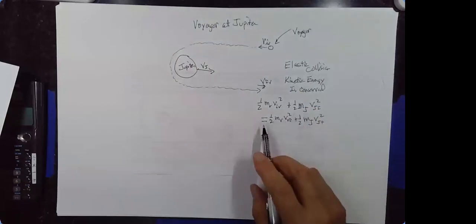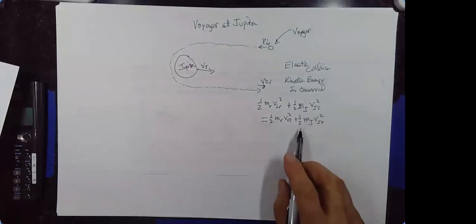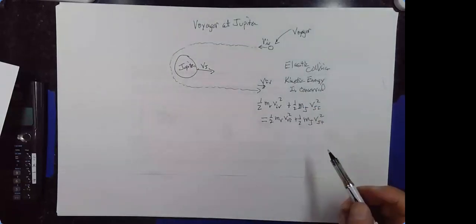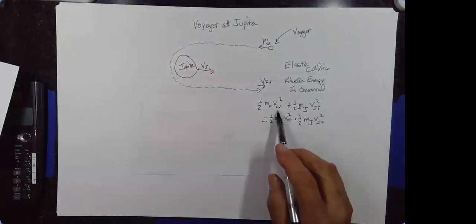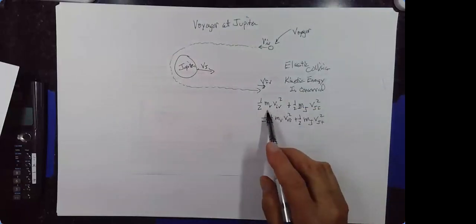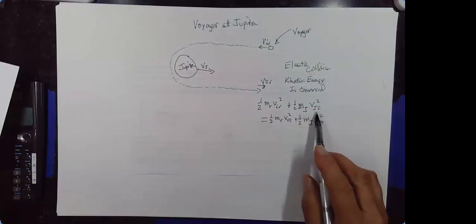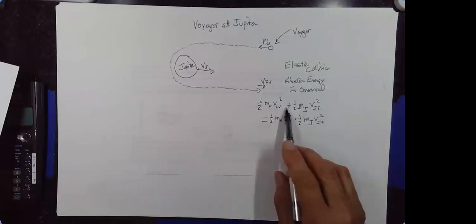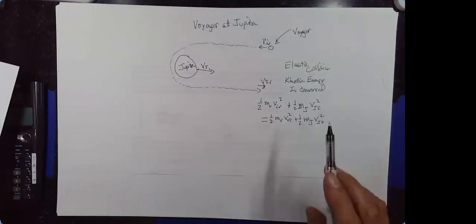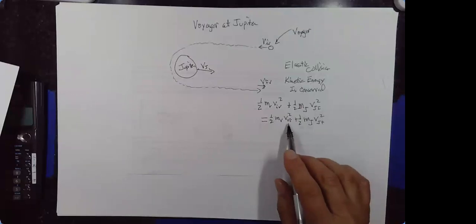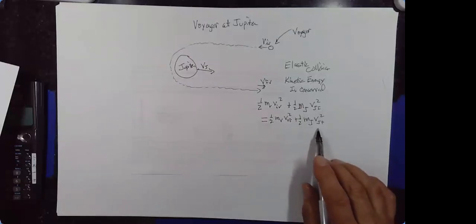So there's a conservation of energy condition there. Now, we know the initial velocity of Voyager, we know the mass of Voyager, we know the mass of Jupiter, and we know the initial speed of Jupiter. So we know everything here. What we don't know are the final velocity of Voyager and the final velocity of Jupiter.